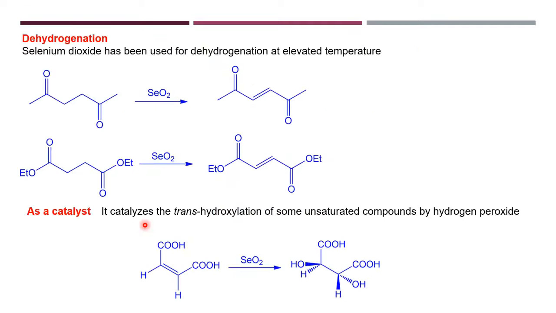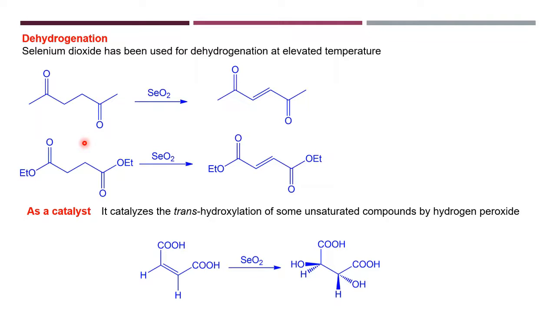At last, what other things can be achieved using selenium dioxide? Most importantly, dehydrogenation can be undergone at elevated temperatures. That means at high temperatures, 1,4-dicarbonyl compounds can be reacted with selenium dioxide to give alpha, beta unsaturated ketones.